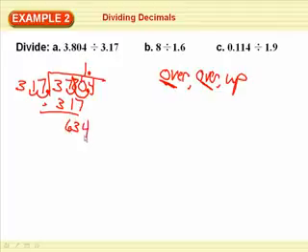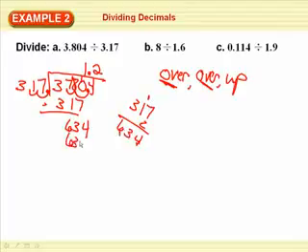Then 317 goes in there, I'm going to say twice because I think it's going to come out exact. It's going to be 3 and that's going to be 6. It is. So that'd be 634, and you can stop when you get 0 there. If we wouldn't have gotten a 0, we would have had to add a 0 up here, so we could have brought it down. Okay? That's over, over, and up, and you use that when you have a decimal as a divisor.